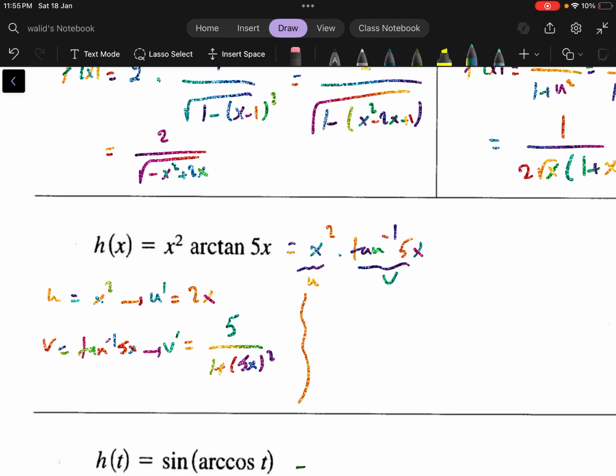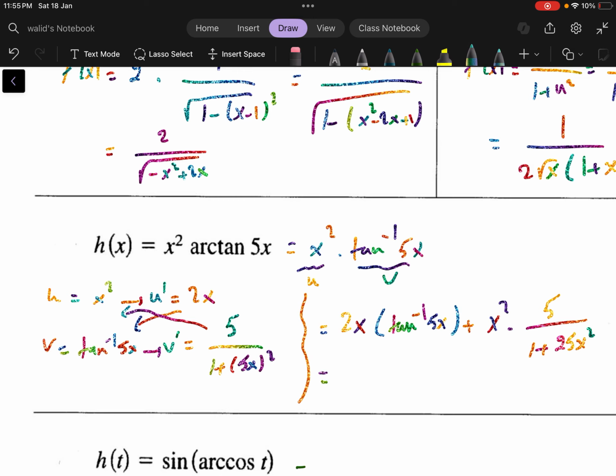The product rule is u prime v plus v prime u. So u prime times v, 2x multiplied by tan inverse 5x, plus v prime u, so x squared multiplied by 5 over 1 plus, the 5x squared is 25x squared.